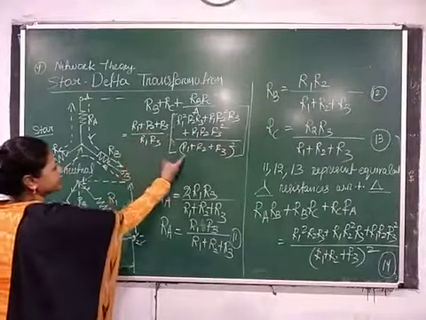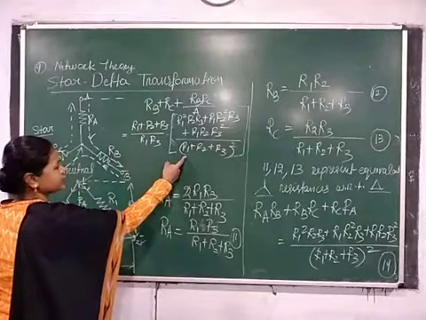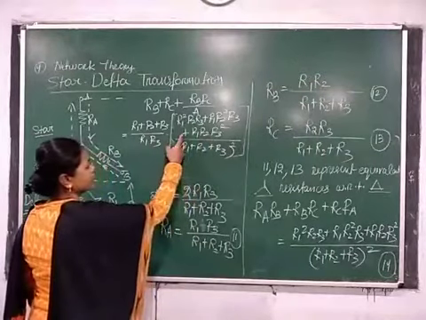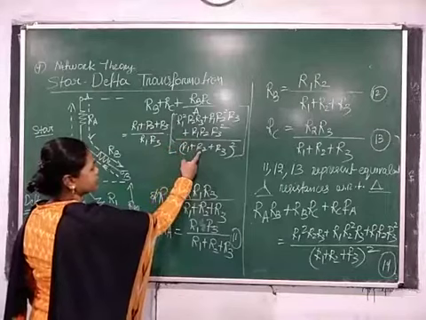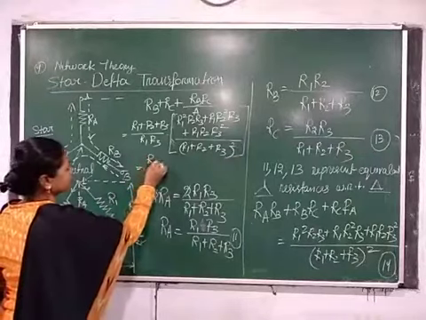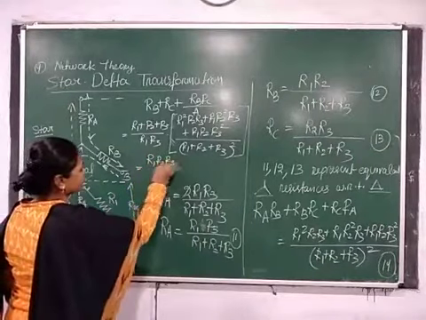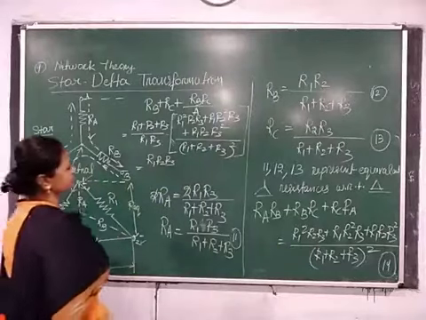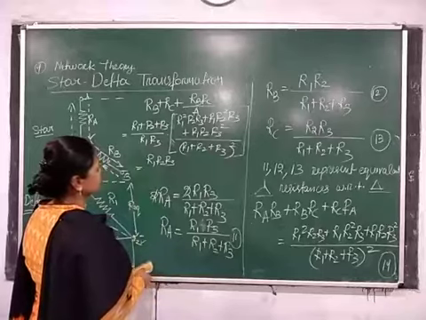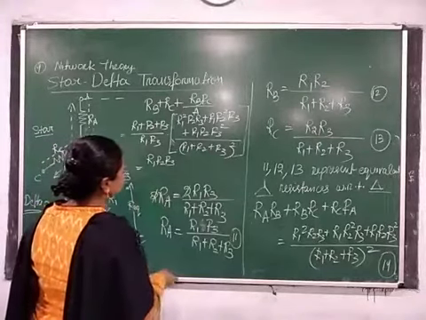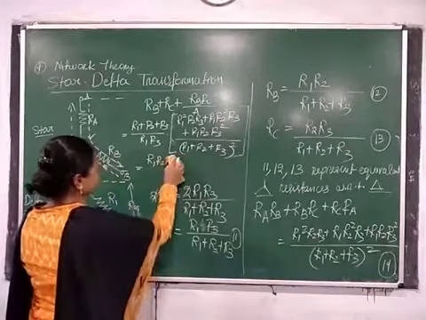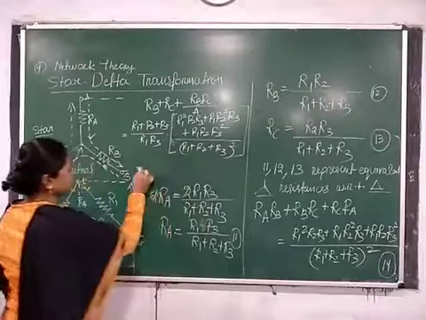Here the numerator and denominator R1 plus R2 plus R3 are cancelled out, and from this equation if I take R1, R2 and R3 common, this term is also cancelled out. So what equation do I get? I explain this step again.